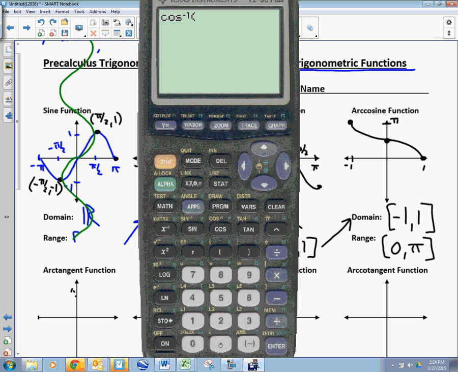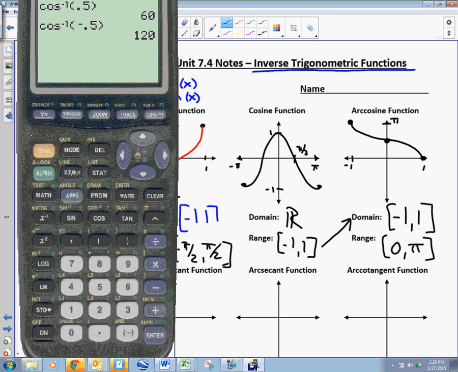If I go cosine inverse of 0.5, is 0.5 within the domain? The output should be between 0 and 180. It is. If you try the cosine inverse of -0.5, still within the domain, the output is still between 0 and 180. Can sine inverse come up with 120? It can't. It's between -90 and +90 the whole time.